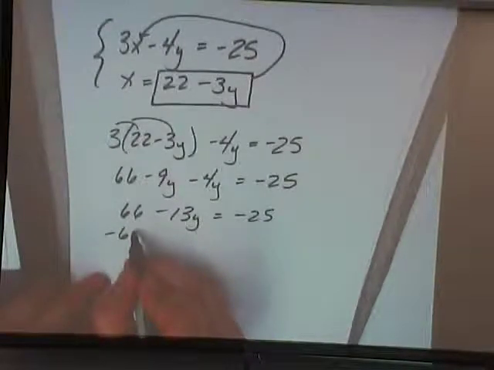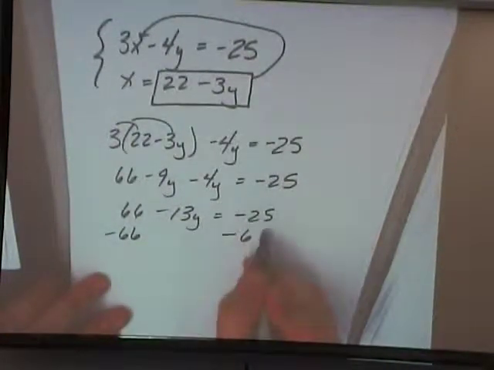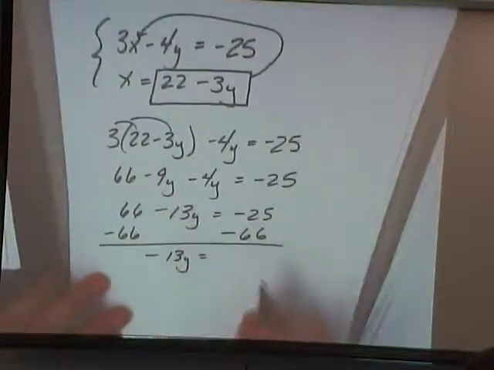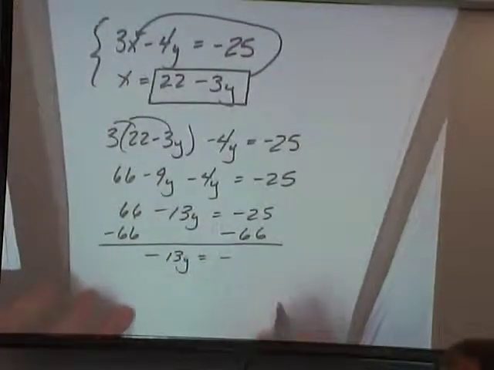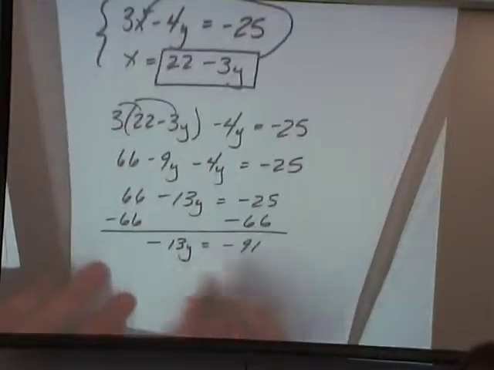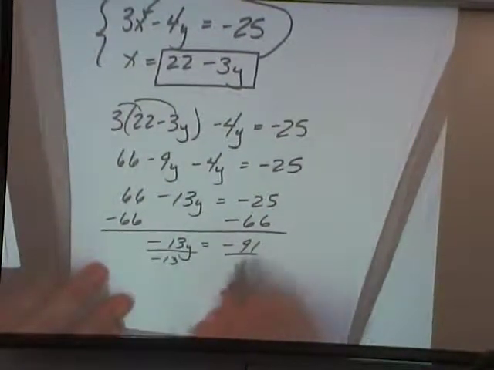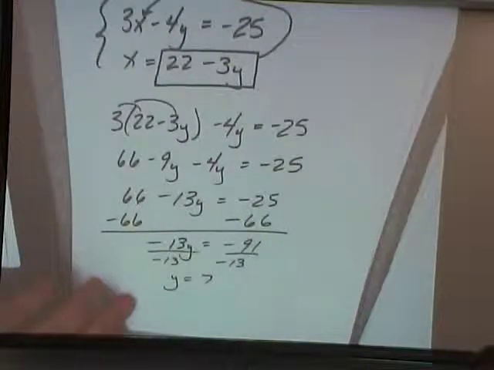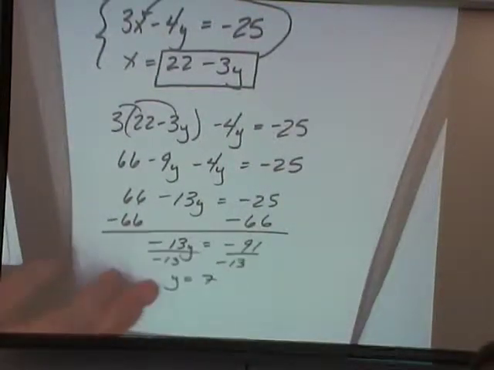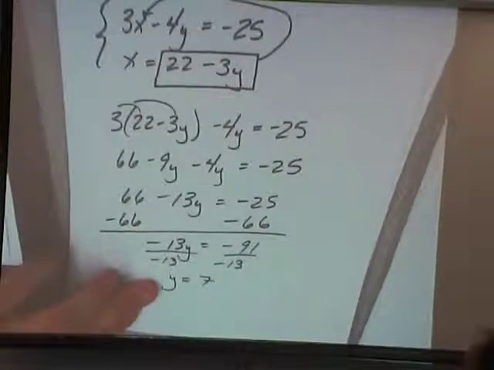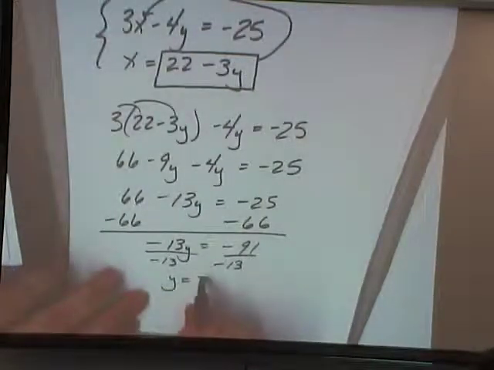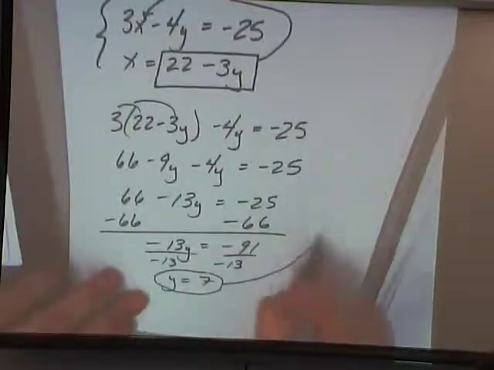Minus 66 to both sides. Negative 13y is equal to negative 91. Divide by negative 13. y is equal to 7. That's the y of the answer. They want the x, so I'll plug that y into there.